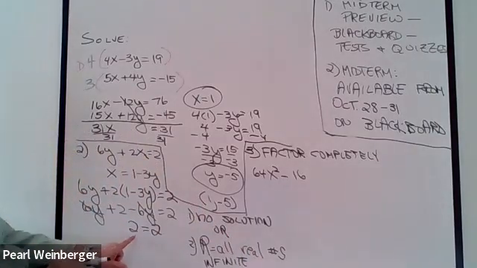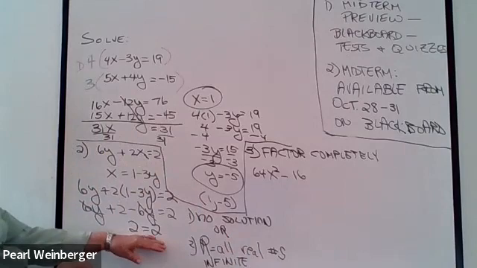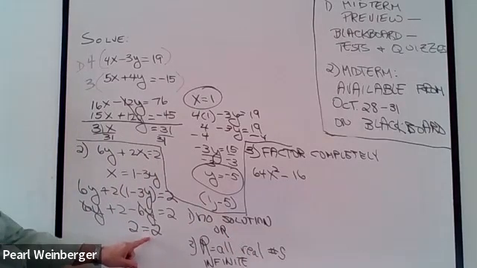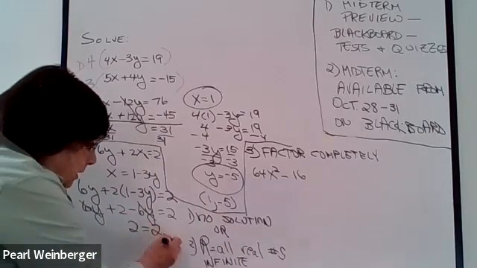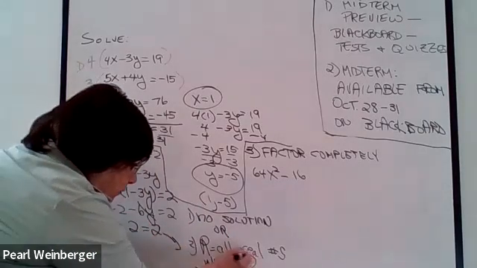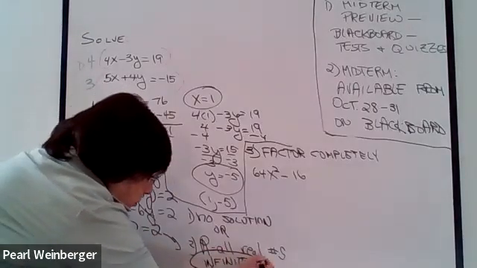So we look at what we get after we've gotten rid of all our variables. In this case, we're getting 2 equals 2, which is a true statement. If we get a true statement, then my answer is going to be an infinite number of solutions.